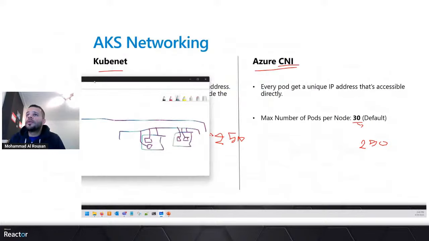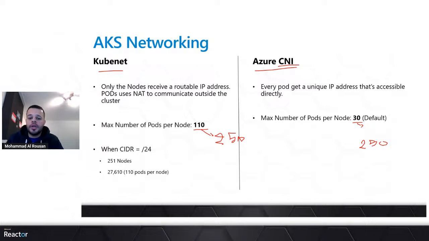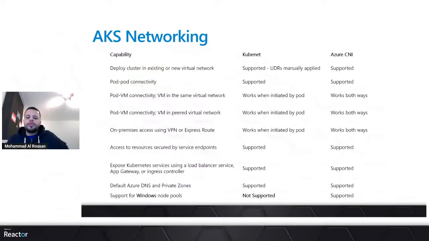So it's clear. There are some features not supported in Kubenet, such as Azure Network Policy, but Calico Network Policies is supported, so you can use that. Windows node pools are not supported with Kubenet. The Virtual Nodes add-on is not supported on Kubenet.